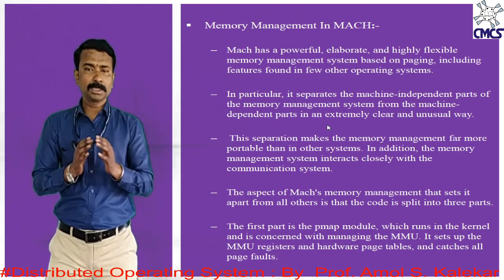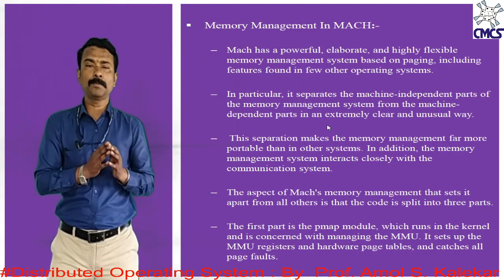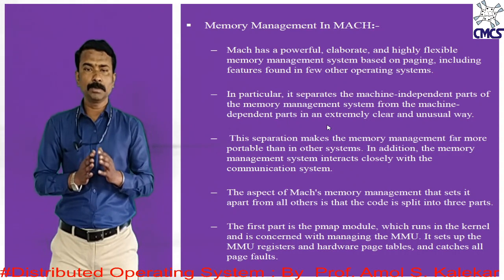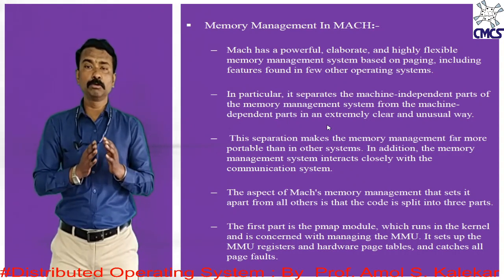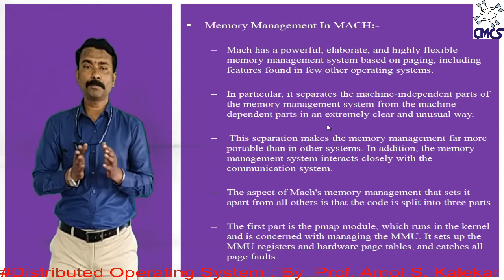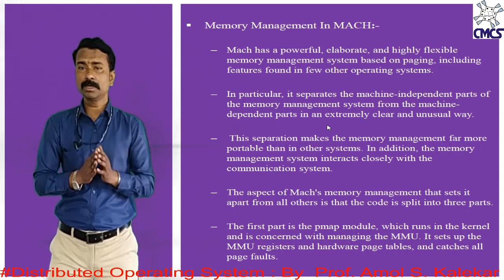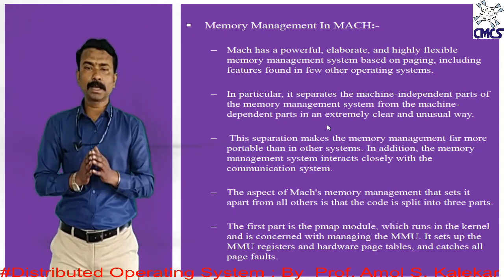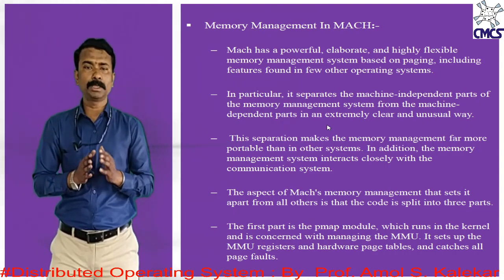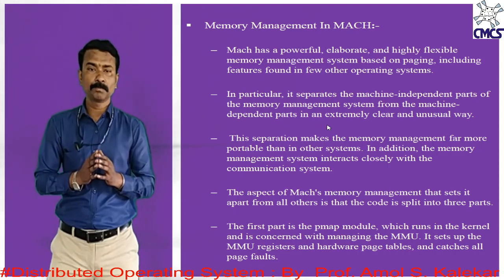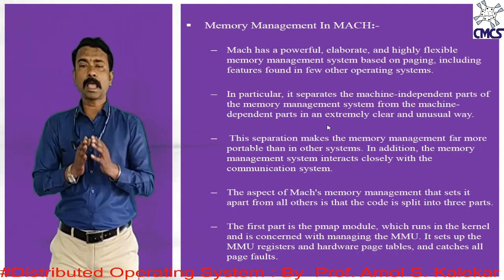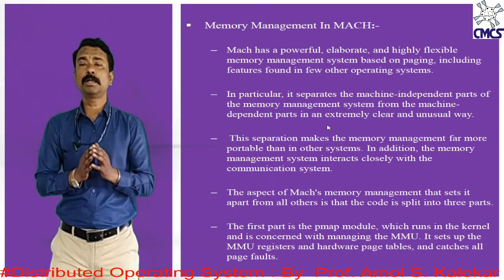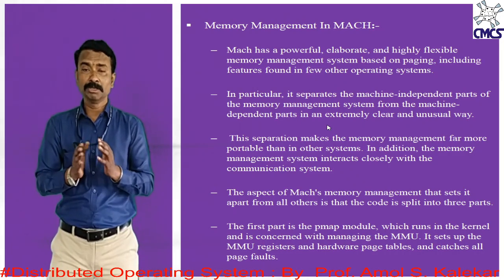Basically, the aspect of Mach's memory management that sets it apart from all the other operating systems is that the code is split into three different parts or sections. The first separation is the pmap module, which runs in the kernel and is basically concerned with managing the MMU. It sets up the MMU registers and hardware page tables and catches all kinds of page faults that occur during the session.